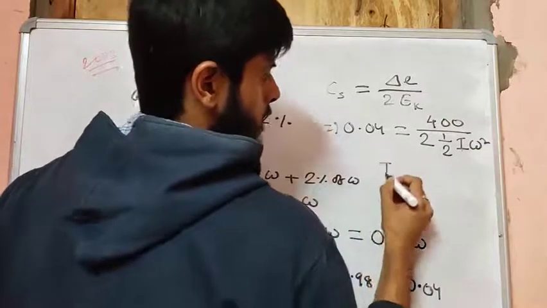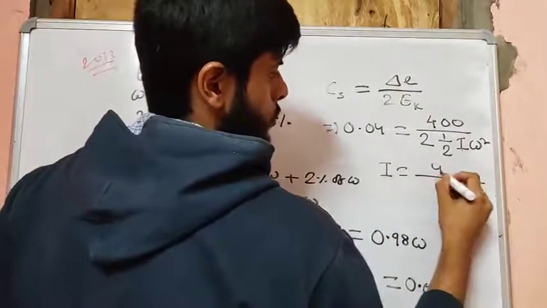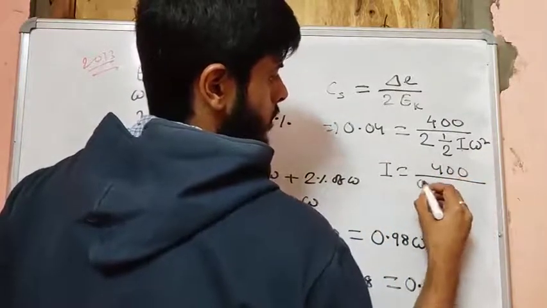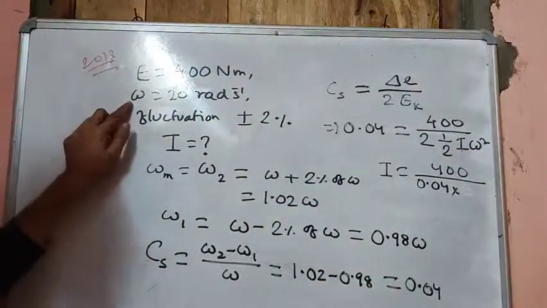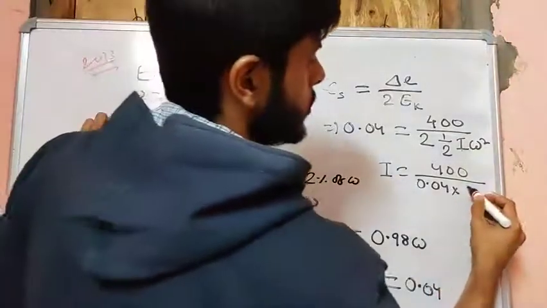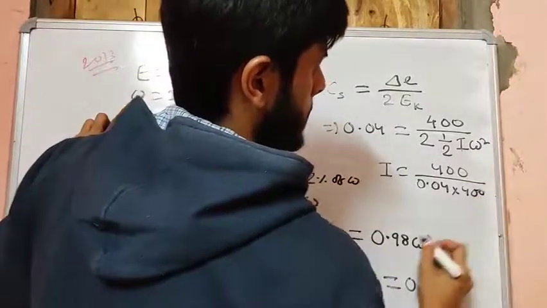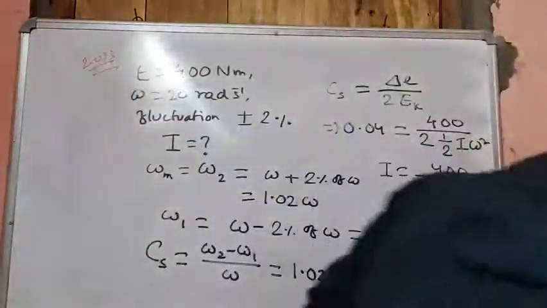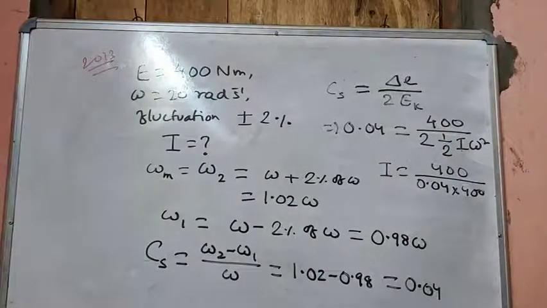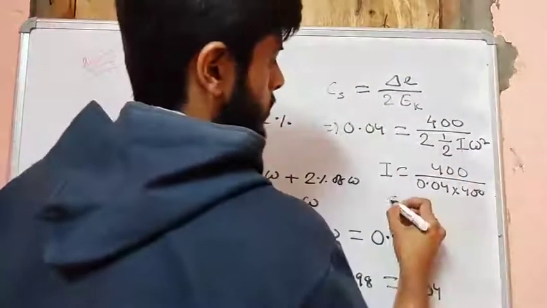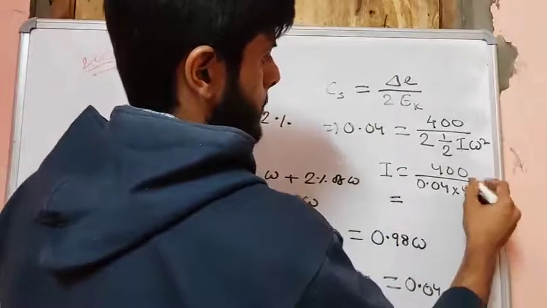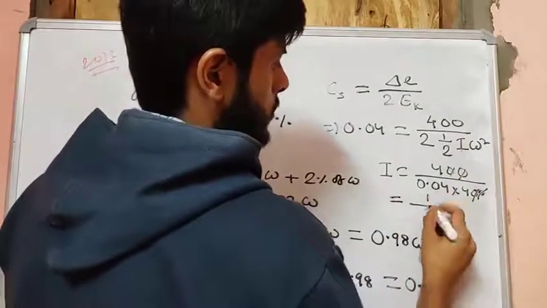So I is equal to 400 divided by omega squared, with omega given as 20, which is again 400, by 0.04.